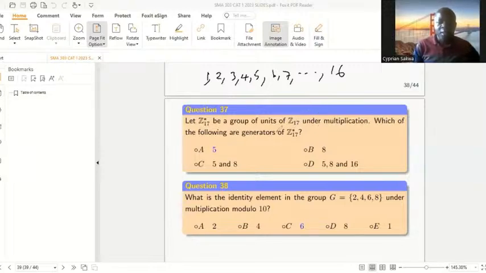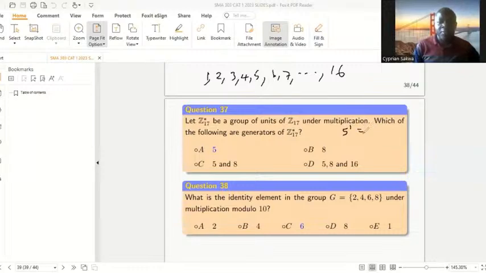So which of the following are generators? This question you do because I've been given choices. Just try and see which one will generate all these elements. Try 5, for instance. Since this is a multiplicative group, you are just raising 5 to powers.